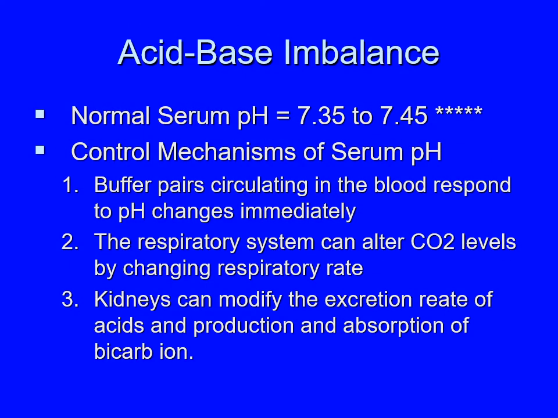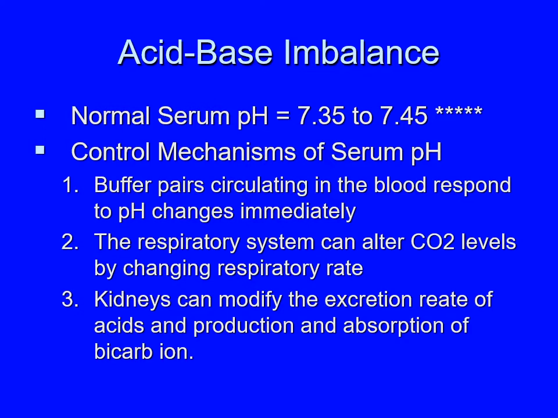So acid-base balance, here we go. Here's your normal serum pH, 7.35 to 7.45. And control mechanisms of serum pH, you have buffer systems. They circulate in the blood and they respond to pH changes immediately. Now the respiratory system can alter CO2 levels by changing respiratory rate.